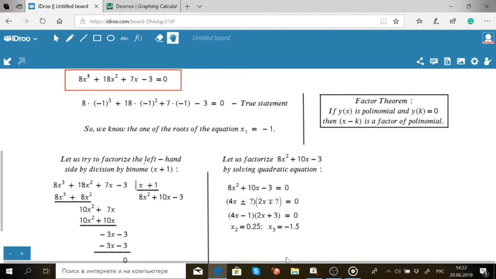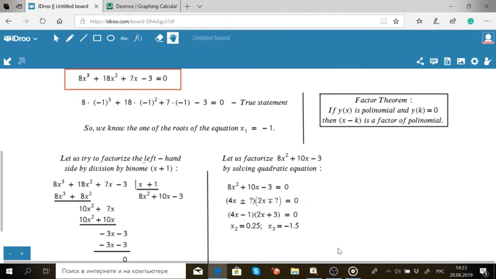Then, let us apply the null product rule. The product of 2 factors is 0 if at least one of them is equal to 0 as well. So, the solution of this equation is x equals 1/4 or x equals -3/2.